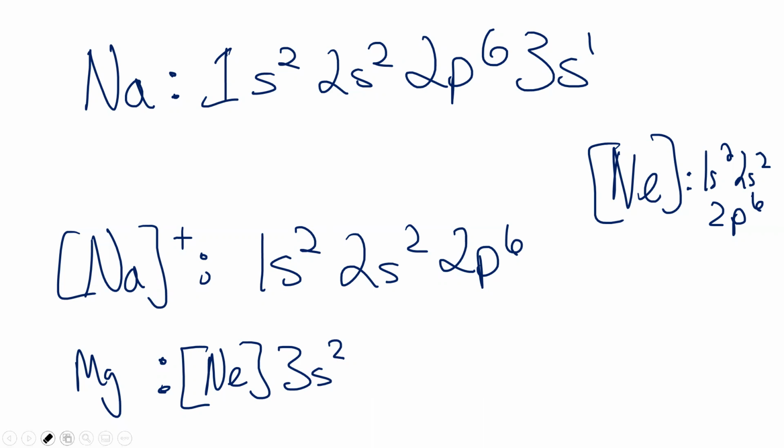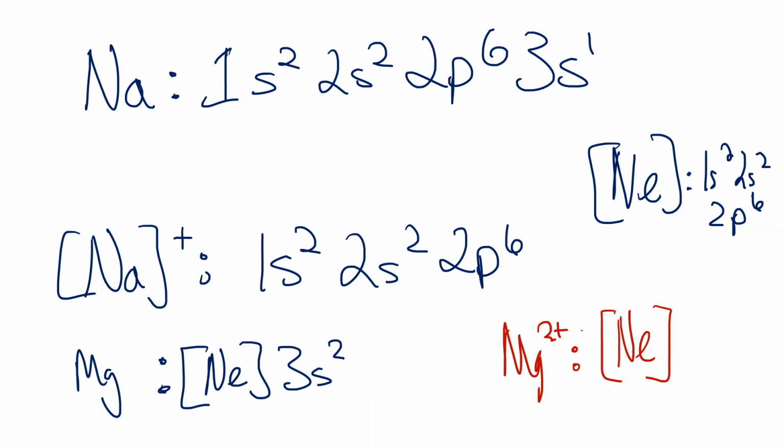Then we actually talk about the ion, Mg2 plus. Well, it's actually the same thing as saying it is neon. 1s2, 2s2, 2p6. So the ion itself is actually the same thing as the shorthand you would use without any additional electrons.